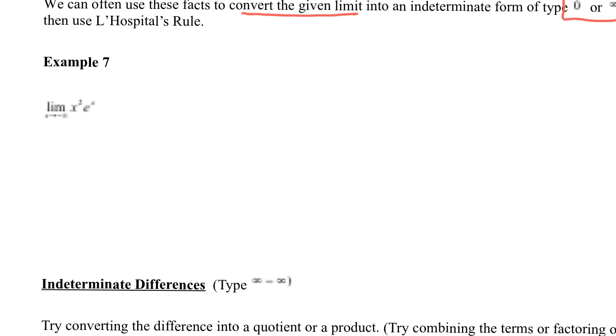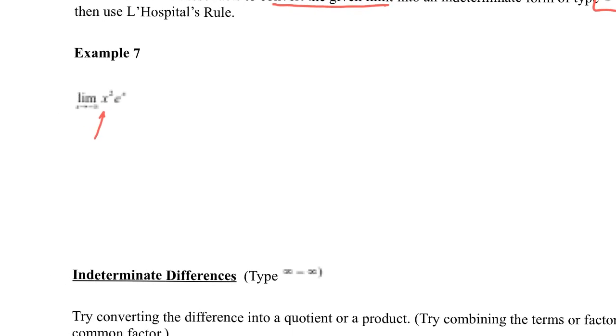So when you look at example 7, as x goes towards negative infinity, x squared, when you square that huge negative number, you're going to get infinity.